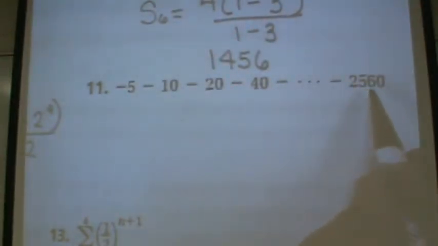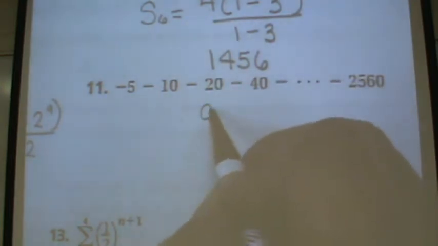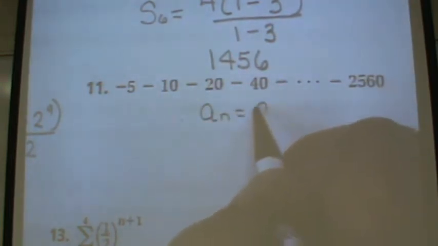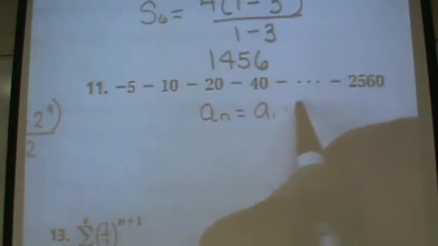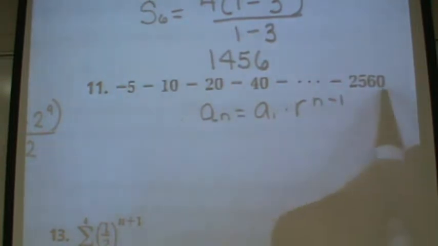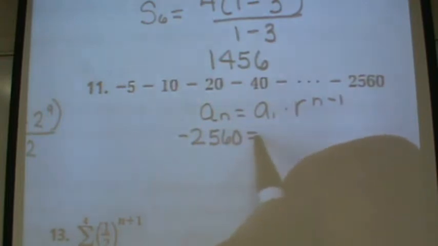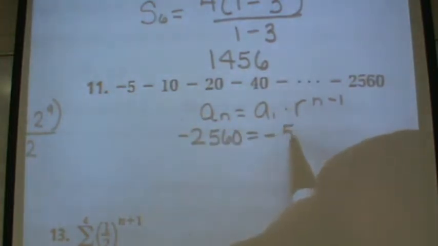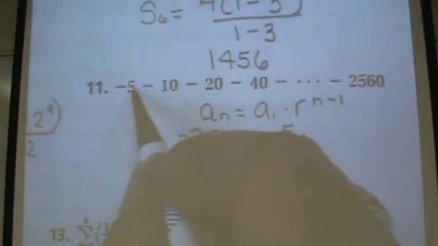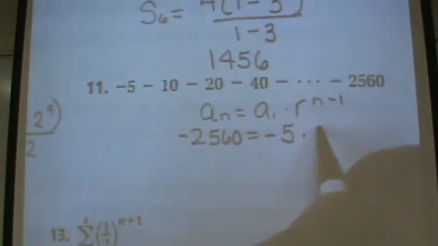This is your last term you're adding, so I need to do my formula. A sub n is A1 times R to the n minus 1. So negative 2,560 is equal to the first term. The R value, how are you going from negative 5 to negative 10? Multiplying it by 2.